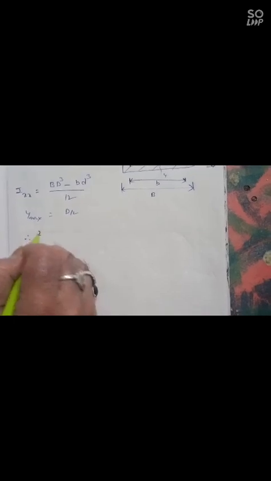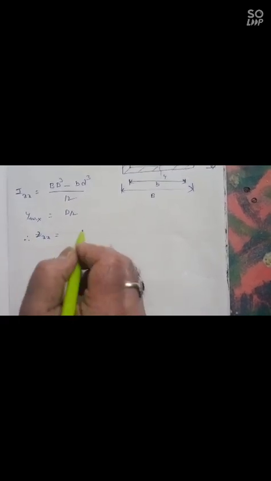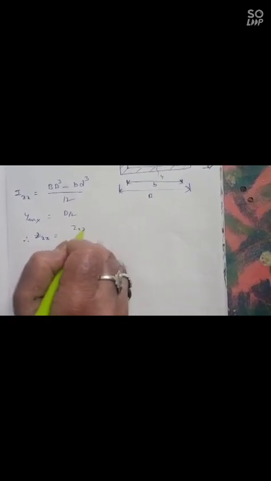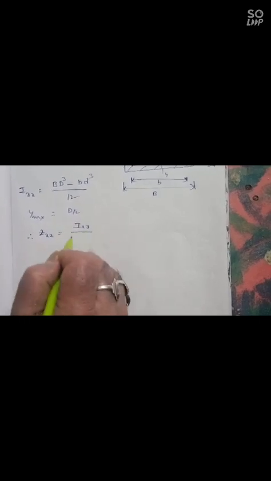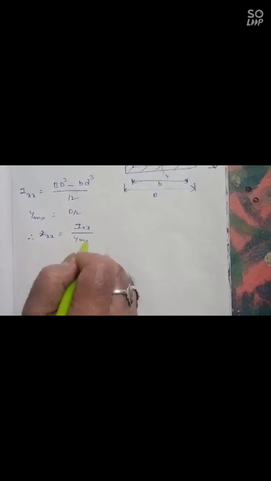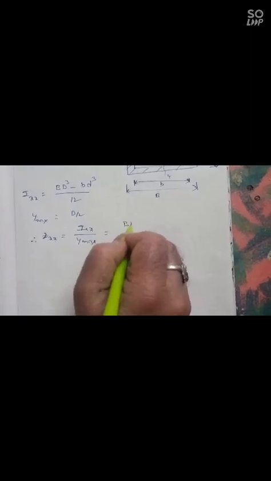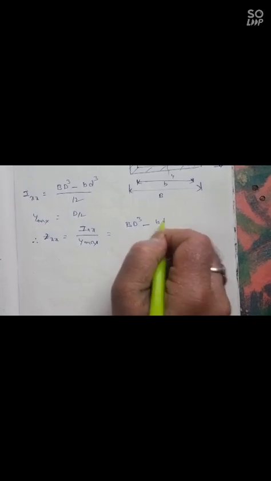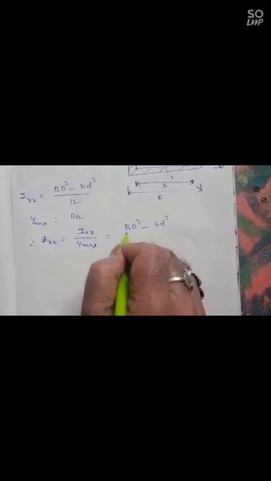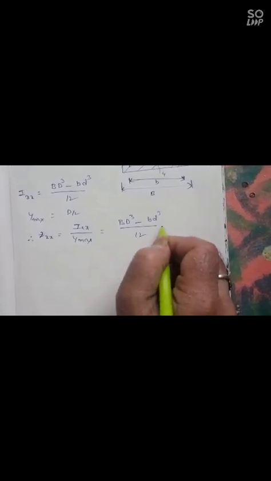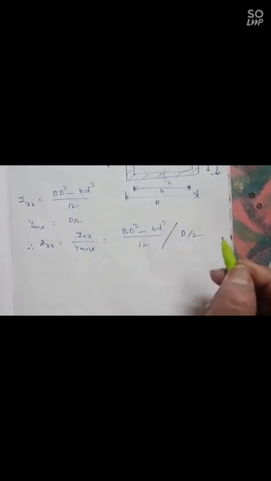Therefore the section modulus Zxx equal to Ixx by y maximum, that is BD cube minus small b d cube by 12 divided by D by 2.